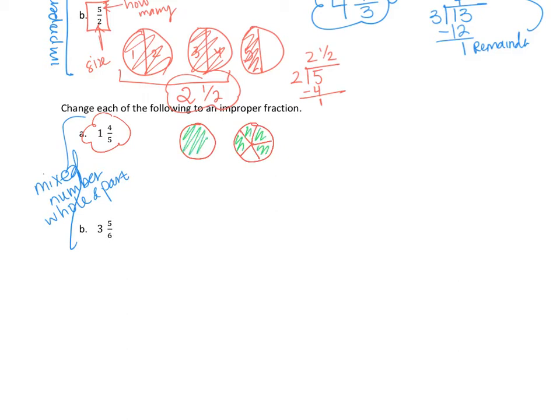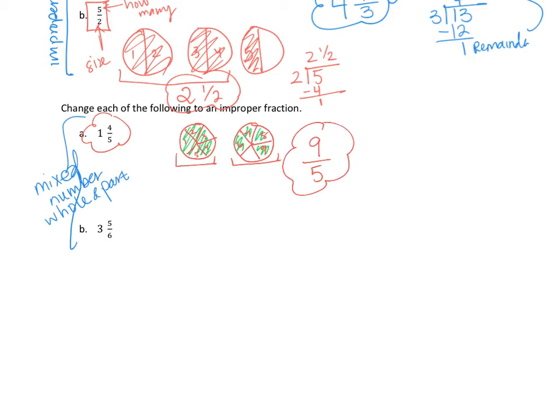And then over here I have a whole, but I want to break that up to see how many fifths are in there. So I'm going to split it the same way. And so you can see I have 1, 2, 3, 4, 5, 6, 7, 8, 9. So for each whole, we know we're going to have 5. So there's 5 pieces there plus the 4/5. So we're going to have a total of 9 of these fifths.